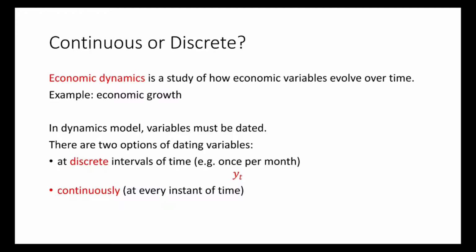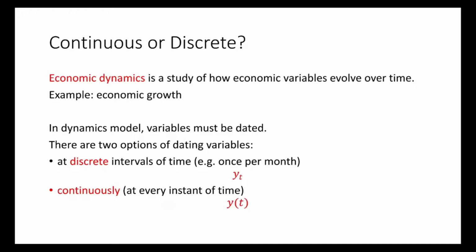For those two different options of dating variables, we have two different notations. For the first one, if you want to use discrete intervals of time, we usually use y subscript t, the variable subscript t.